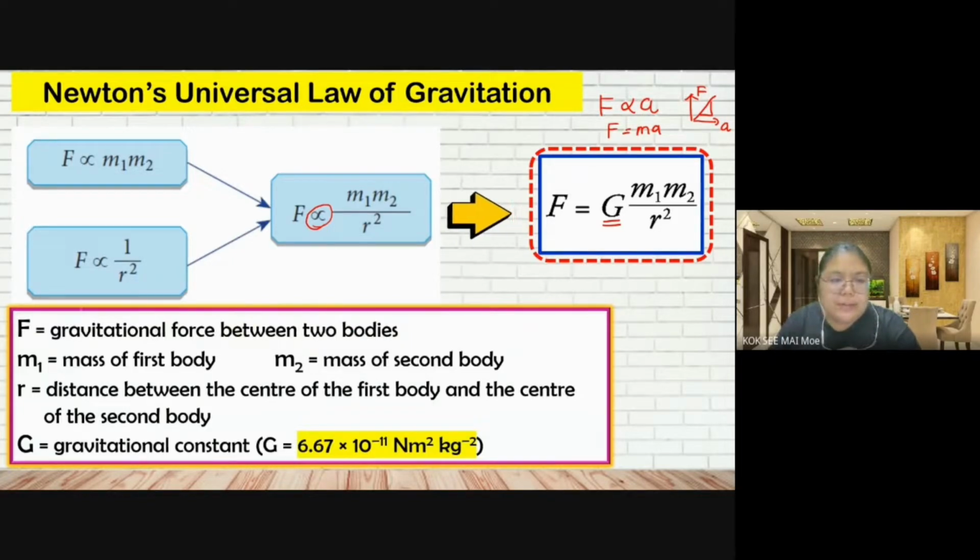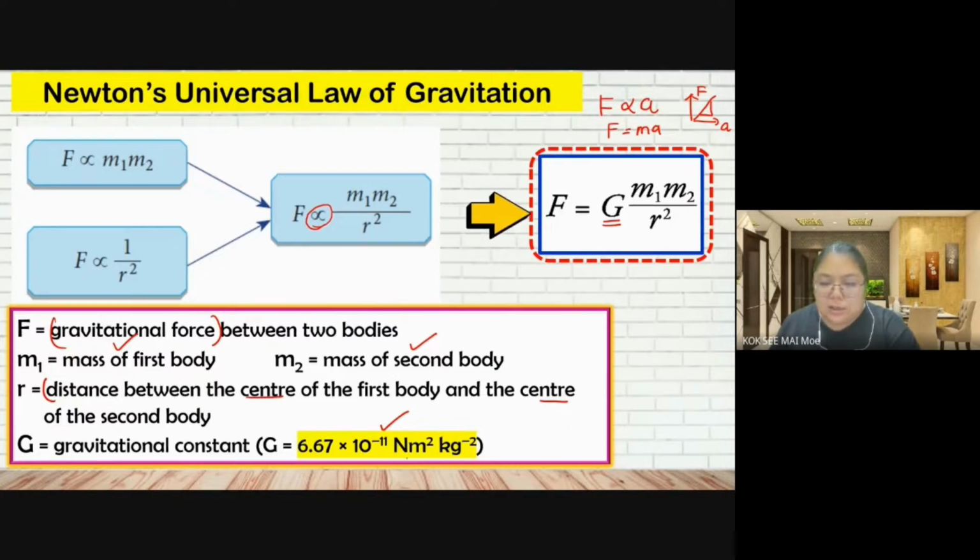So from here, what does F mean? Gravitational force. M1, first body mass. M2, second body mass. R is the distance from center to center. The gravitational constant is always constant, 6.67 times 10 power negative 11.